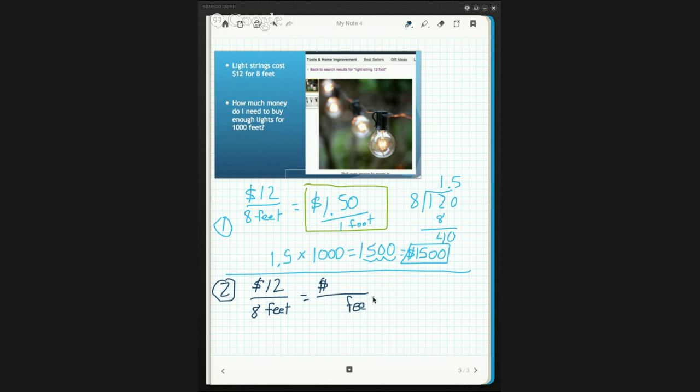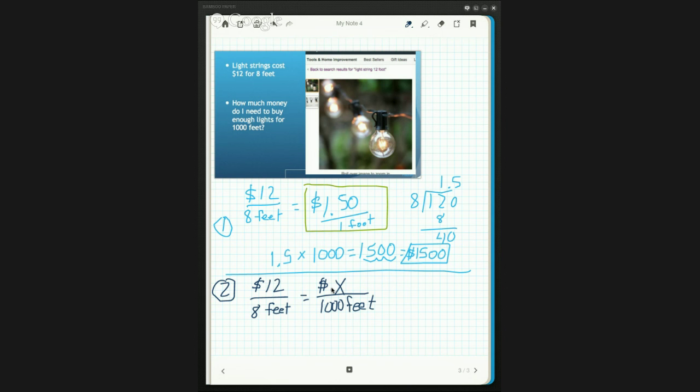We only know one of these two things. We don't know how much money it's going to cost, so we're going to call that X. And we know how many feet, so that's 1,000.